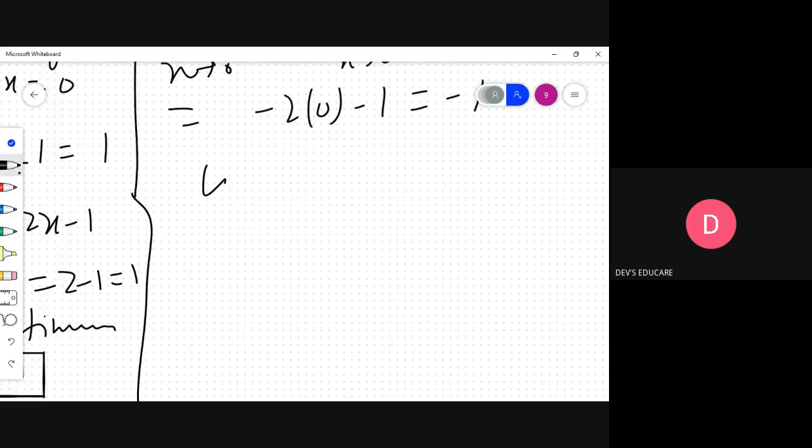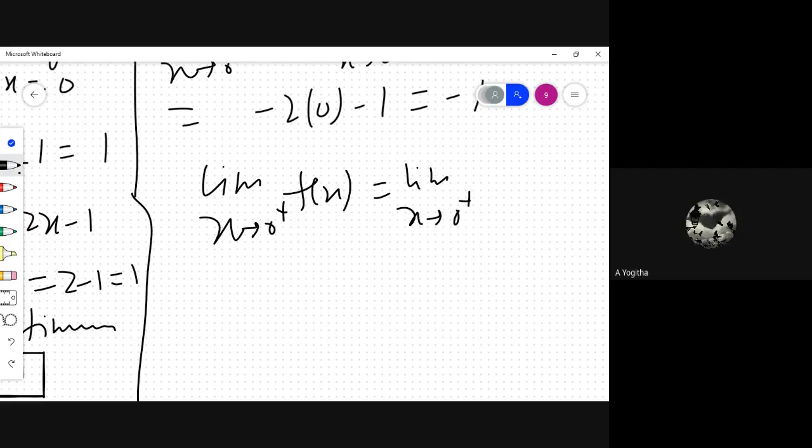The limit as x tends to 0 plus of f(x) is the limit as x tends to 0 plus of minus 1, which is minus 1. So LHL equals RHL equals minus 1.